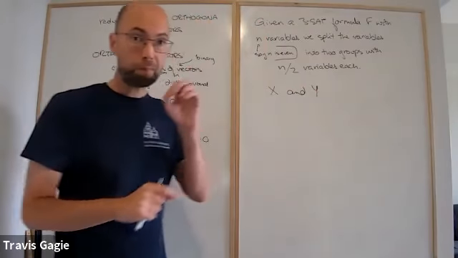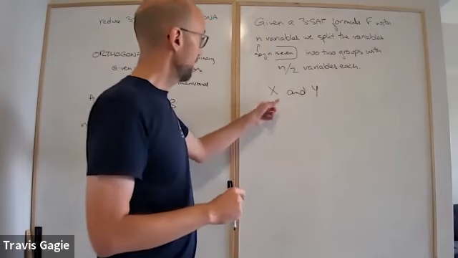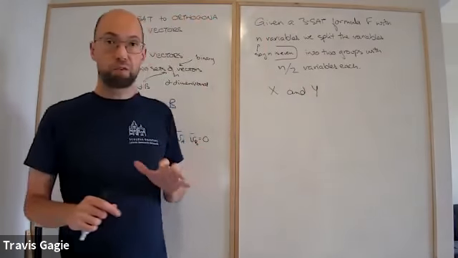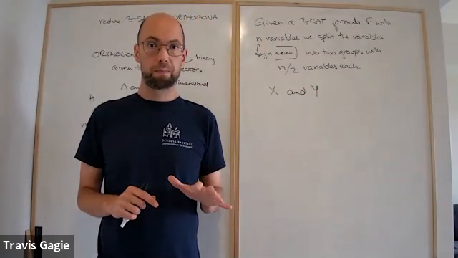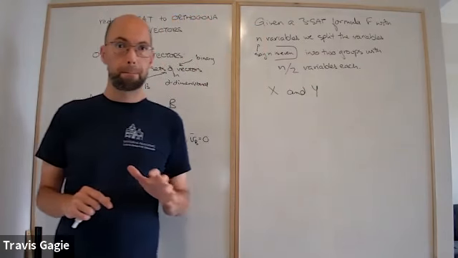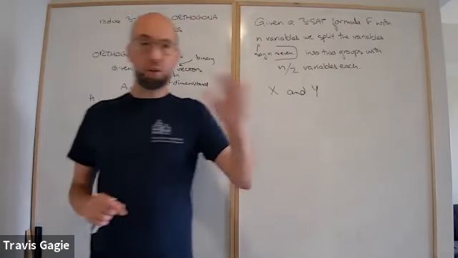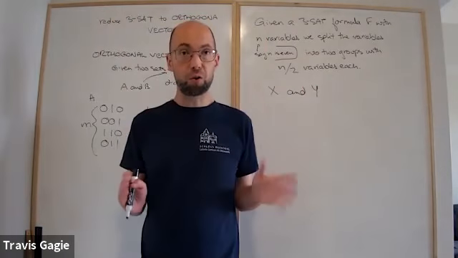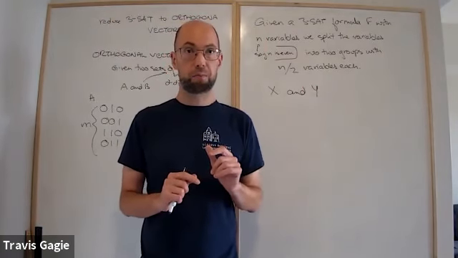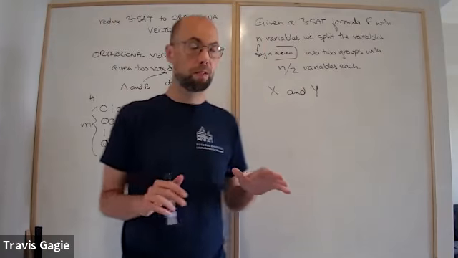Now, what we're going to do is take the variables in group X and consider all the possible truth assignments to those n over two variables. All of them.